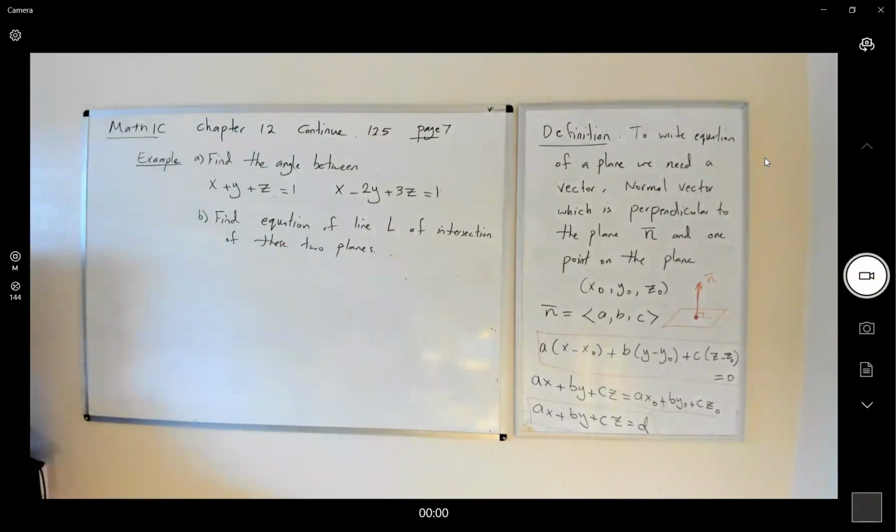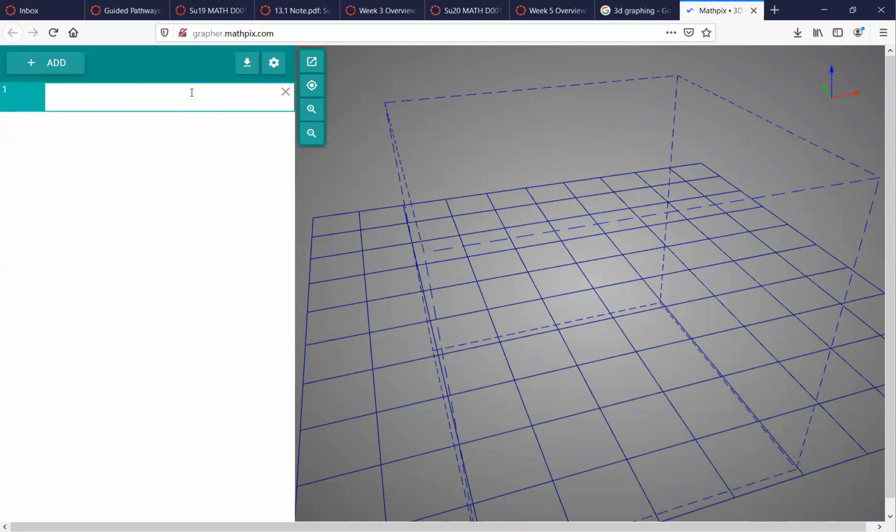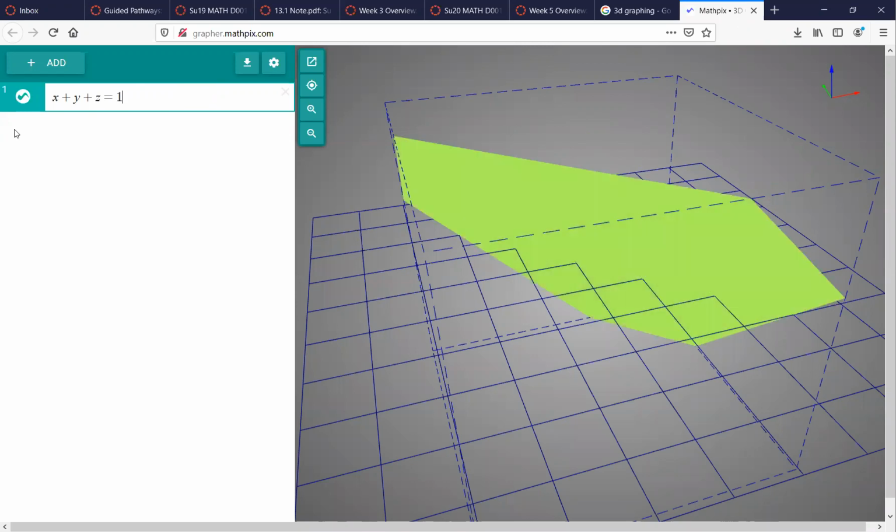Okay, let's graph these two planes. The first one is x plus y plus z equals 1, and the second one is x minus 2y plus 3z equals 1.